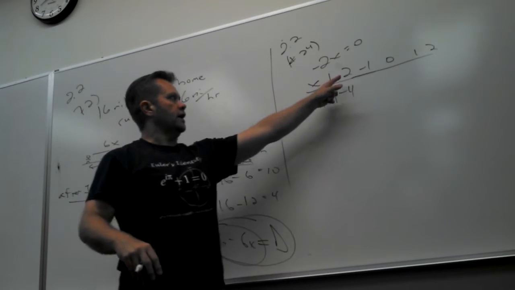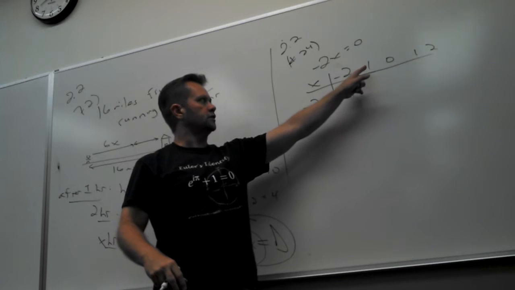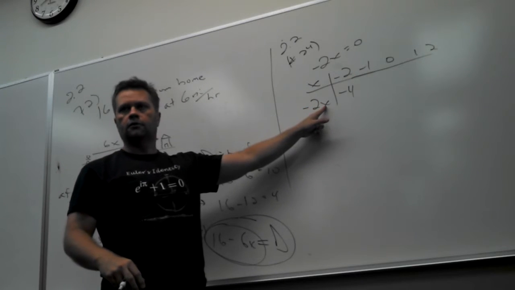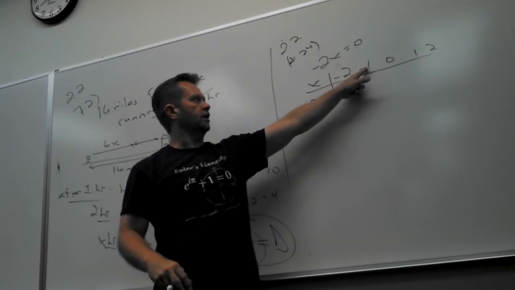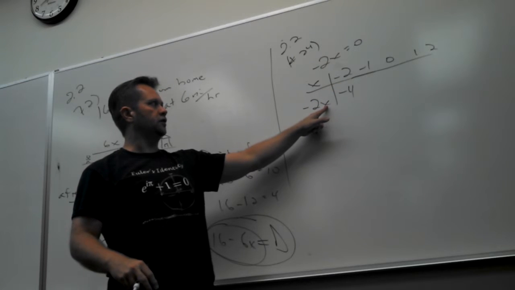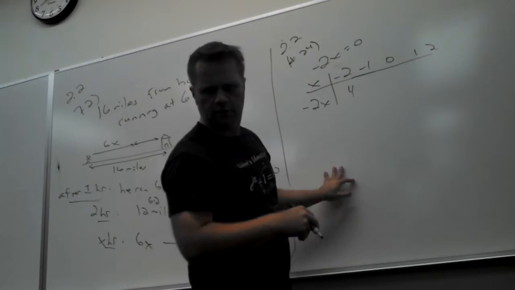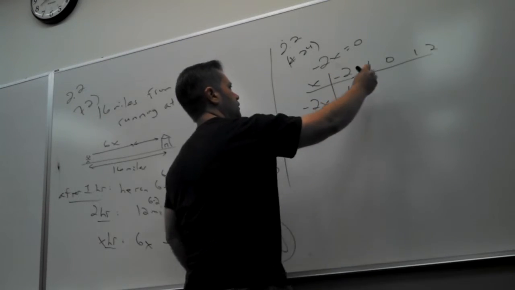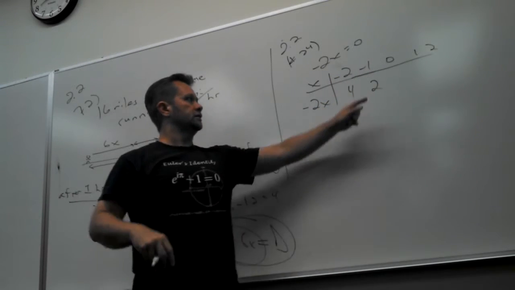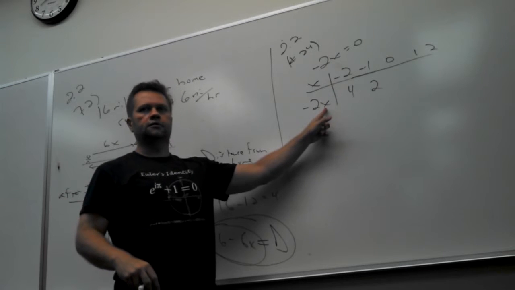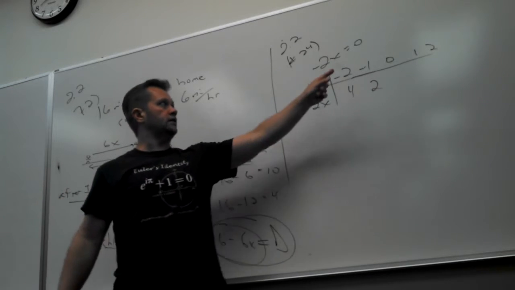So if I know the X value, to get this value I just take that and plug it in. So if I plug a -1 in here, -2 times -1 is 4. Did they put -4? No, good. When I plug a 0 in, what do I get? And so forth.